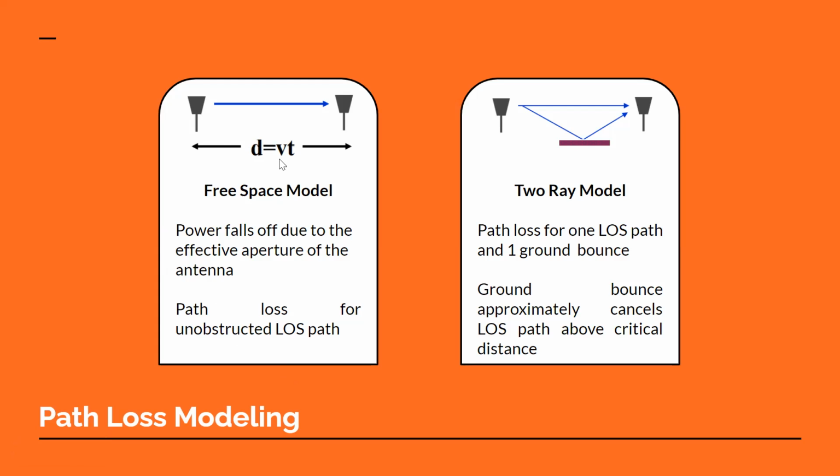But if you look at the next model, the two-ray model, the path loss is for one LOS path and one ground reflected path. The ground bounce approximately cancels the LOS path above a critical distance.